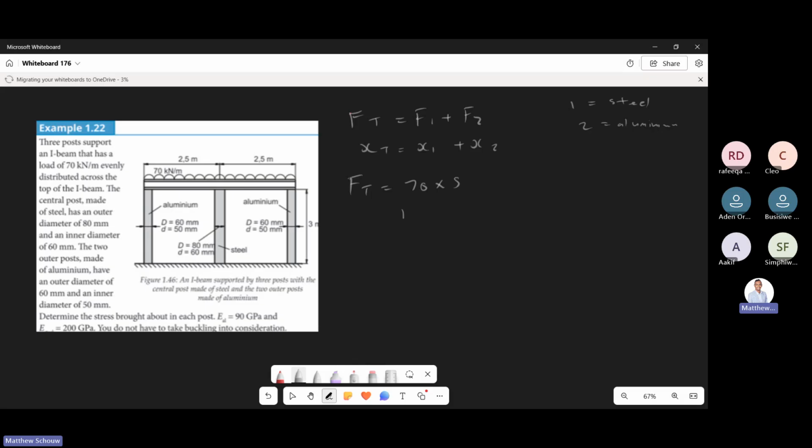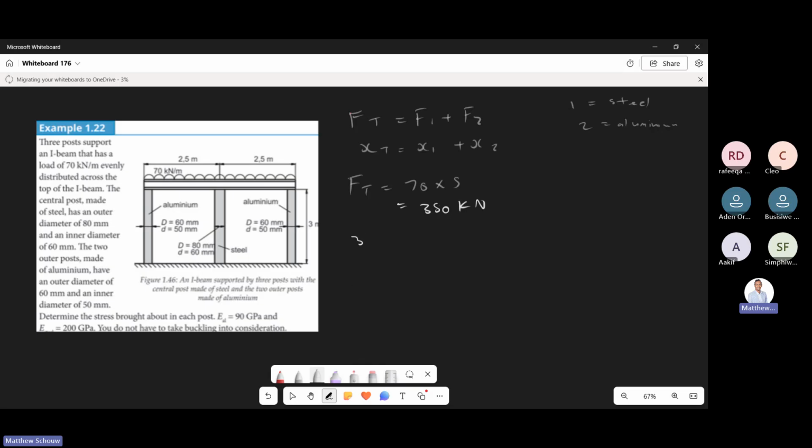Kilonewton per meter, and we're timesing it by meter. That and that cancel, then it's just kilonewton. Are you guys with me? I hope you're with me. So 70 times 5 is going to be 300, no, not 300. 350. Amen. 350 kilonewton. So that's my total force.